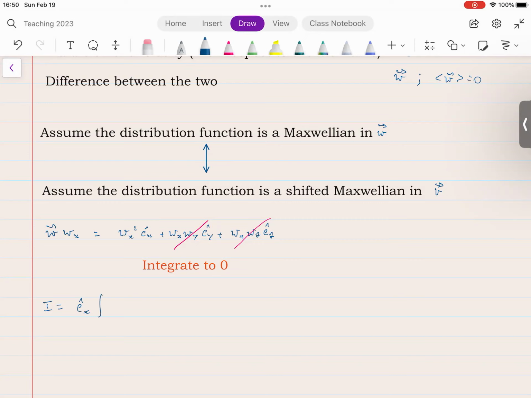And the integral is going to look like this. It's going to be mass of the electrons times Wx squared times F, which is going to be a Maxwellian, I'm going to indicate that with that subscript M, in dW. And this, by definition, is the electron pressure.